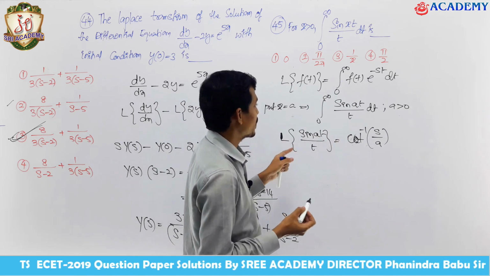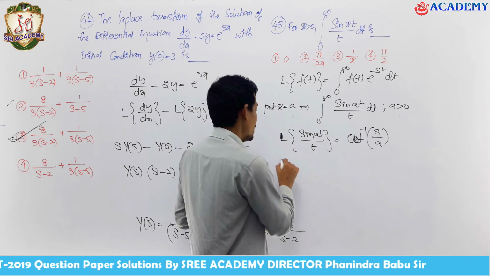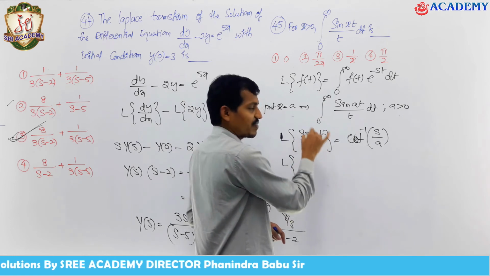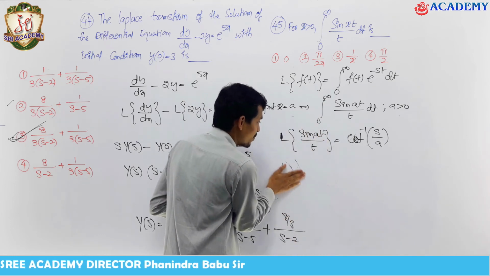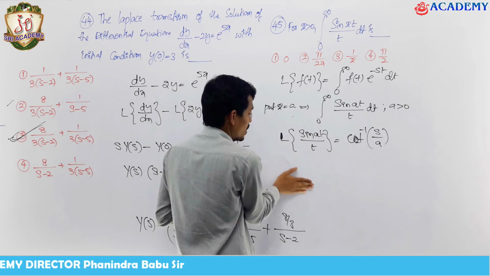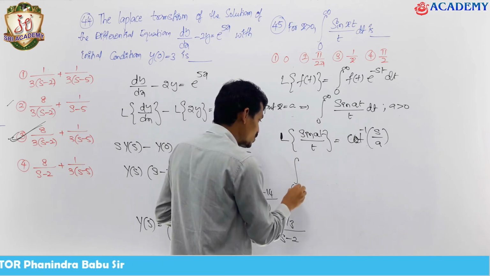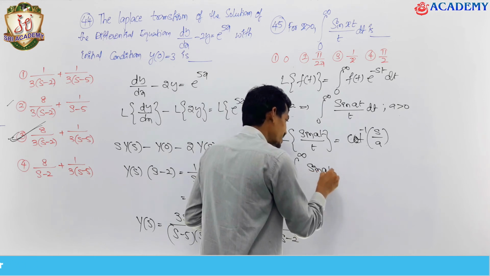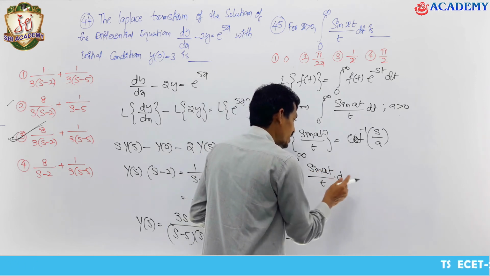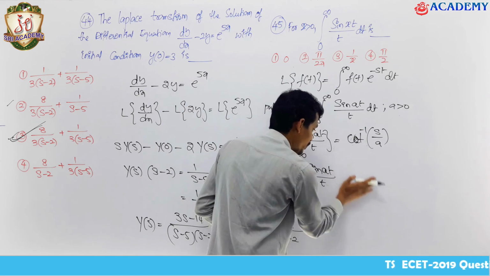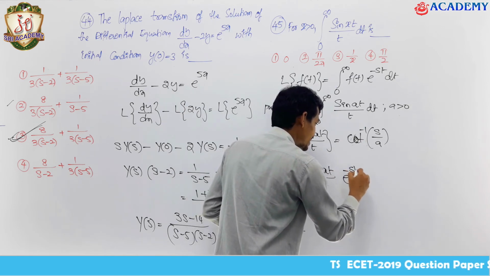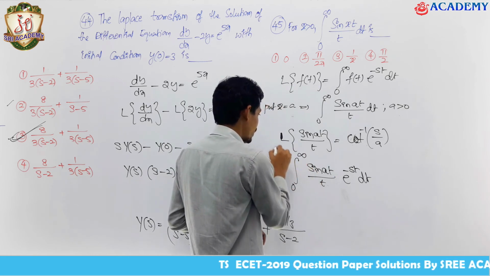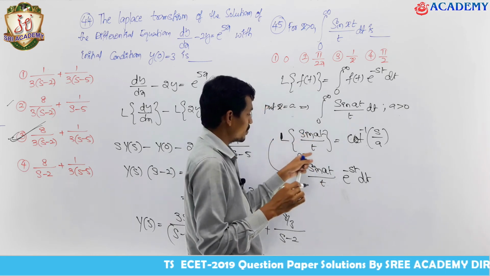Simply by using this formula, indirectly, the Laplace of the function: if this is a function, you will write the integral from 0 to infinity of sin at divided by t into e power minus st dt. This is the Laplace of sin at by t.